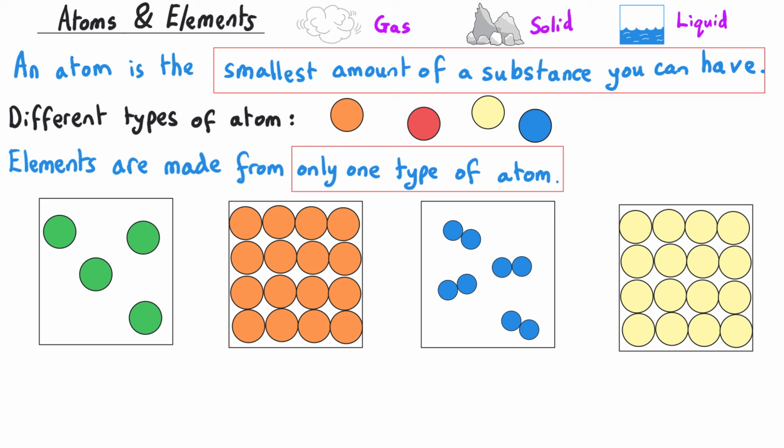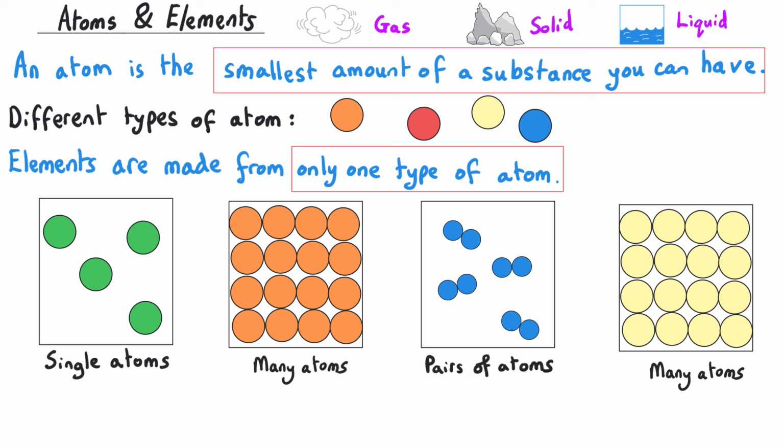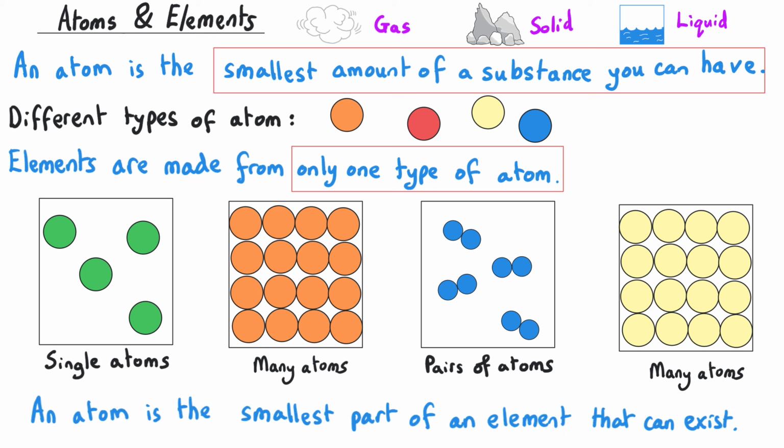So there is only one type of circle, one type of atom in each of these boxes. That doesn't matter whether we've got separate atoms, many atoms joined together, or if the atoms are in pairs. They are all only made up of one type of atom. And so an atom is taken to be the smallest part of an element that can exist.